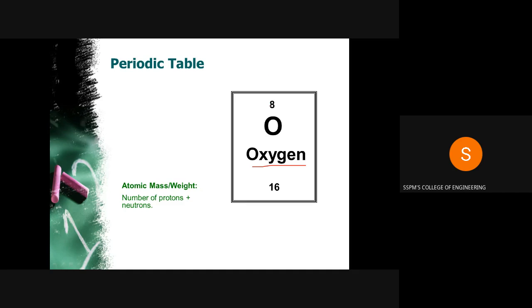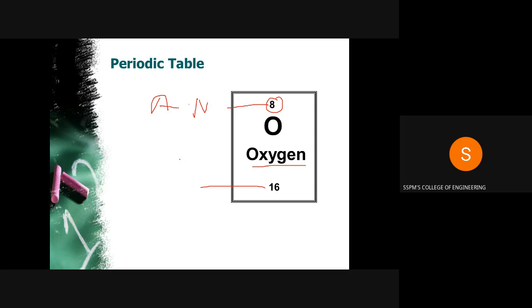So this is the atomic number and this is the atomic mass number. 8 is the atomic number, 16 is the atomic mass number, O is the symbol and oxygen is the element. At the top there is the atomic number, which counts protons and electrons, whereas the atomic mass number counts protons and neutrons. So this is about oxygen.